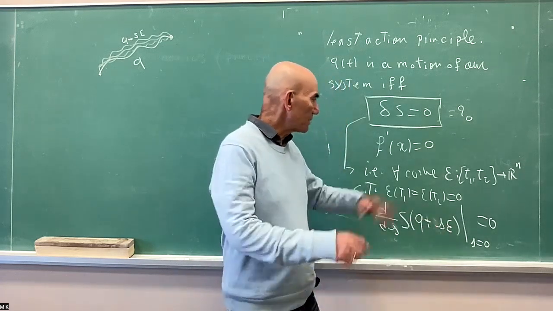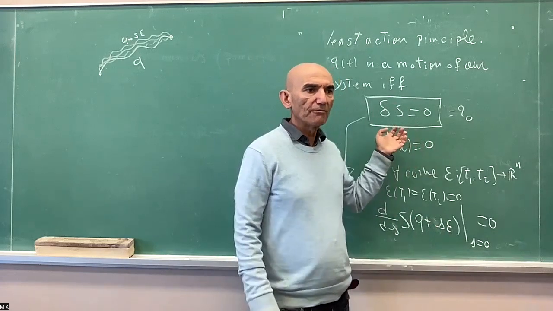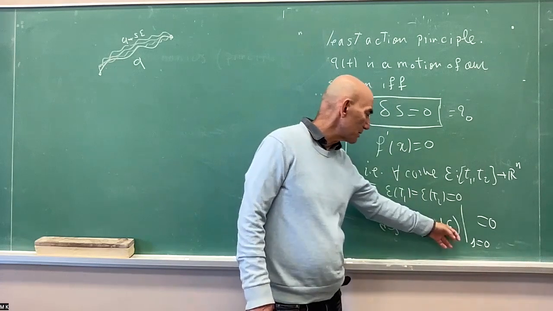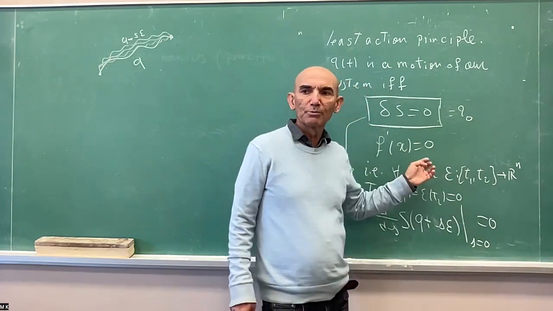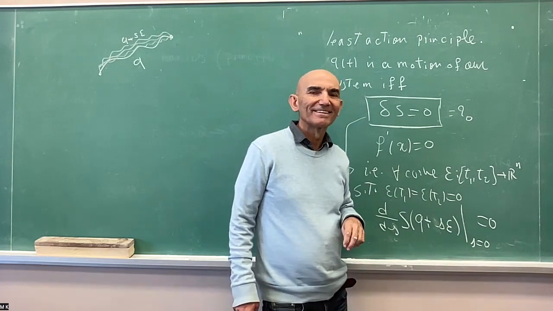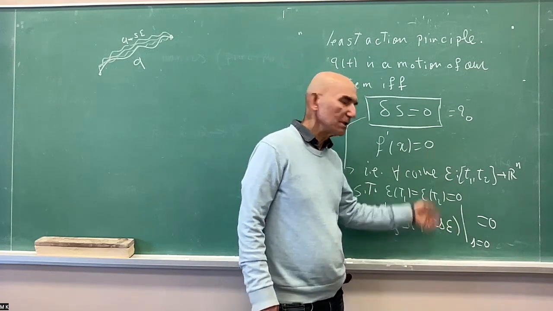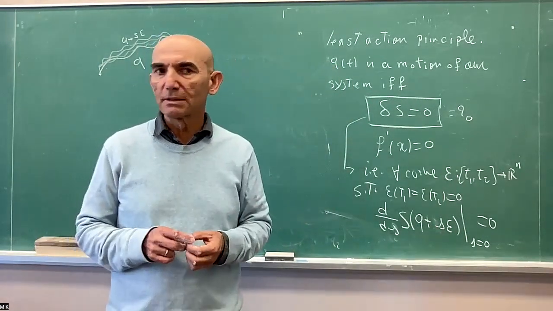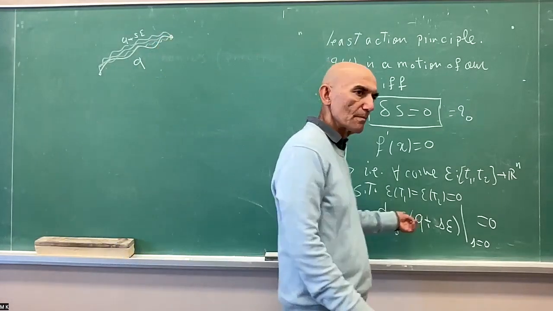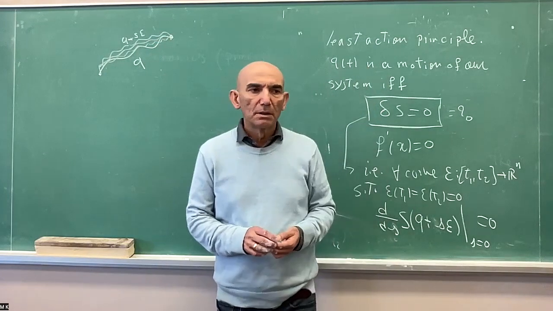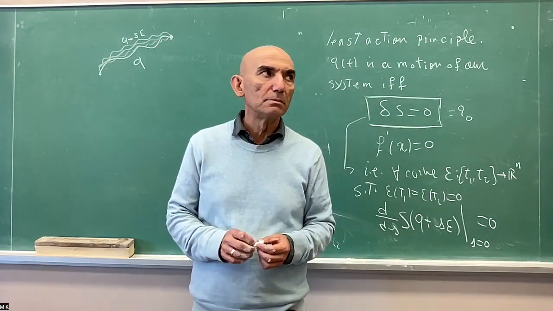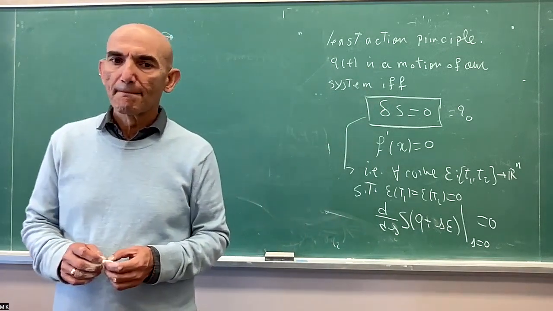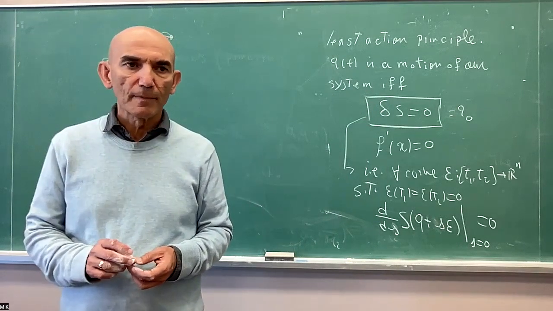If you want, the space of all maps is an infinite dimensional manifold, and its tangent space at this point Q is the space of all curves that vanish at these two endpoints. This definition is really taken from multivariable calculus. That's all that. Yeah, are you okay with it? Or any questions?